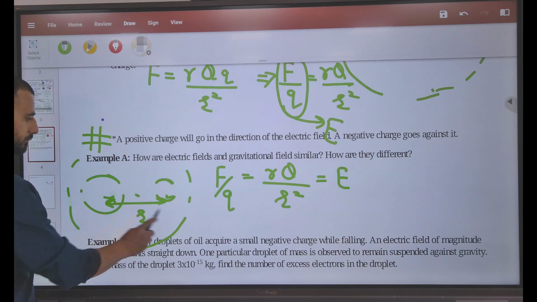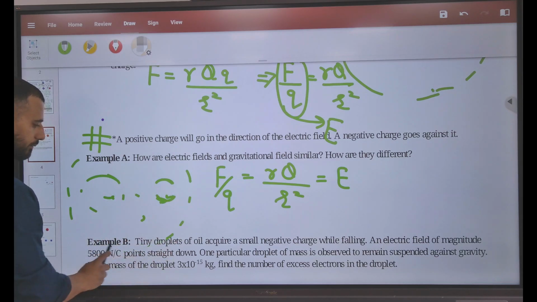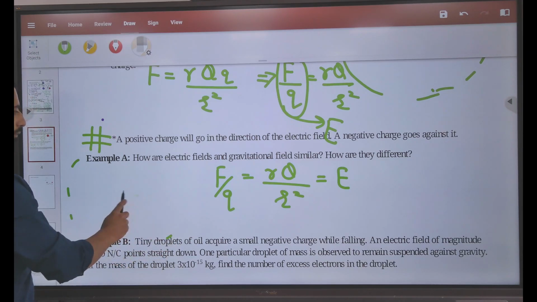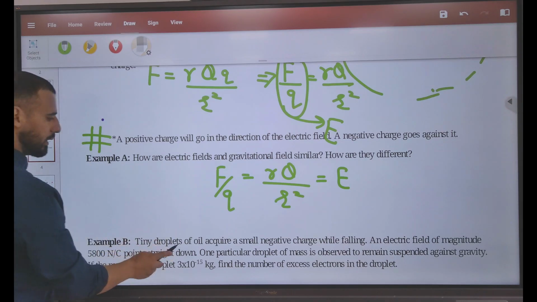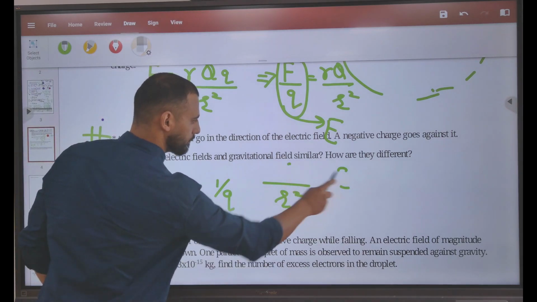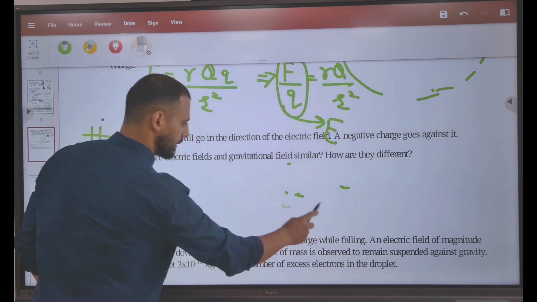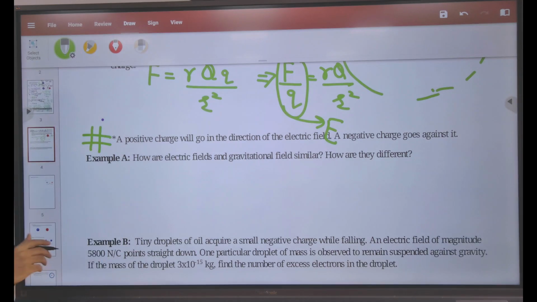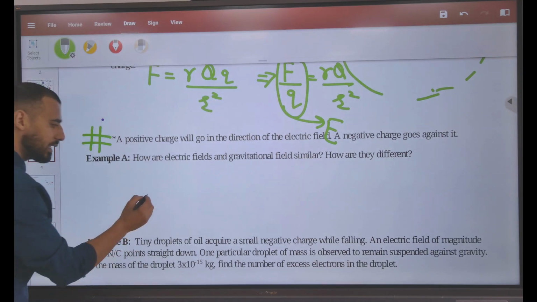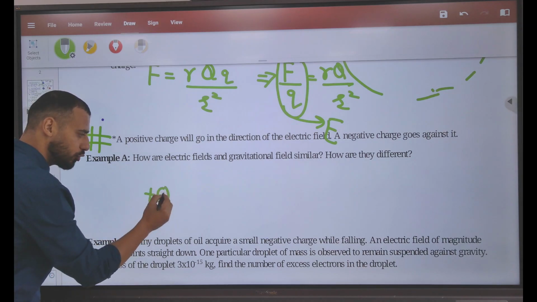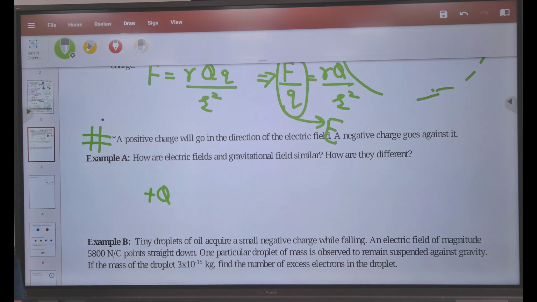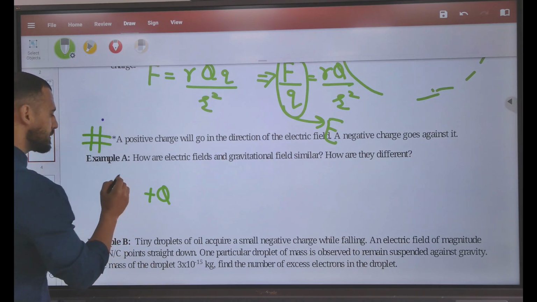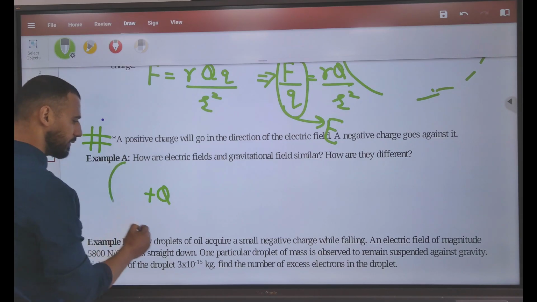So now we have some numericals. Before I take up some numericals, I want to tell you something about the force experienced. See, very important. For example, I have a source charge, okay? It will modify the space around it, isn't it? Let the modified space be this. This is the modified space, okay?